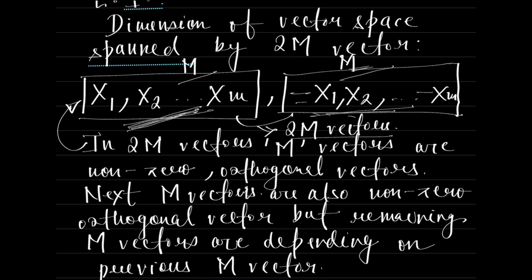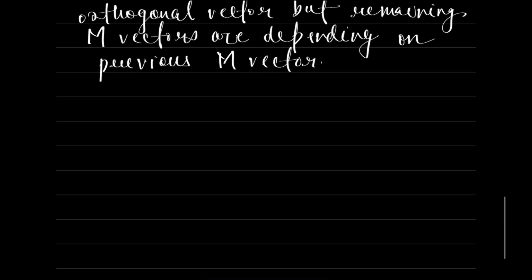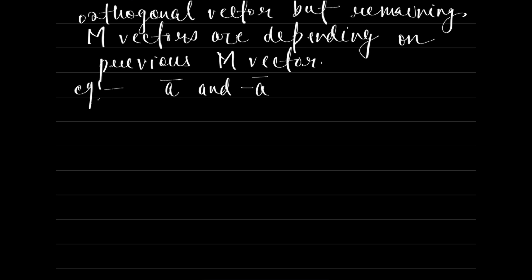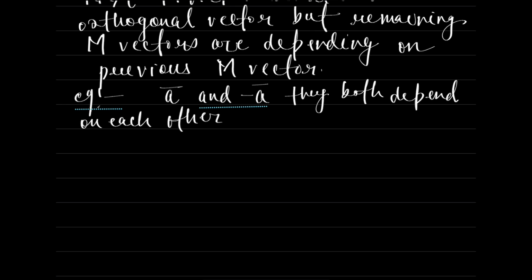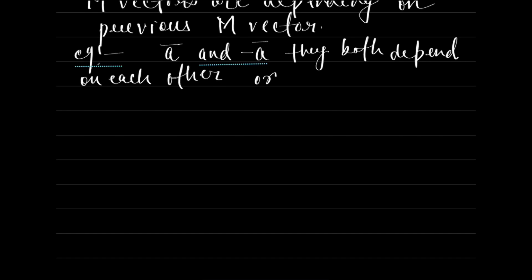So this m vector and this m vector, they are the same, the only difference is the negative sign. Now we can take as an example a bar and minus a bar, they both depend on each other, or we can take a cap and minus a cap, they both depend on each other.